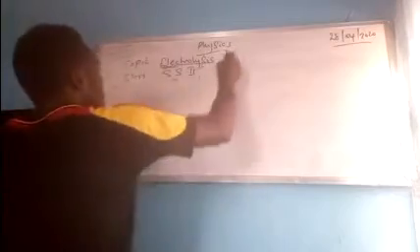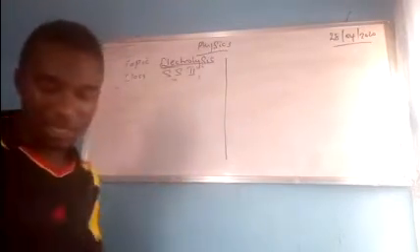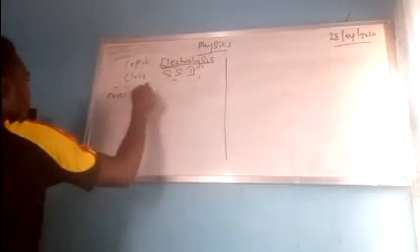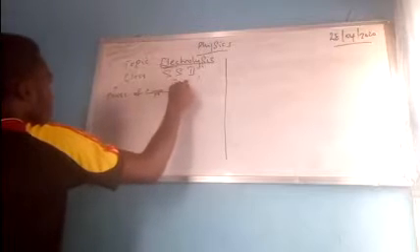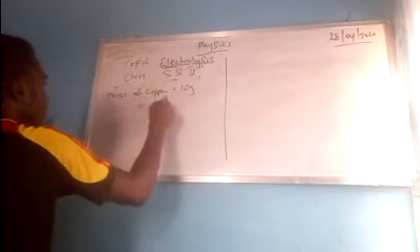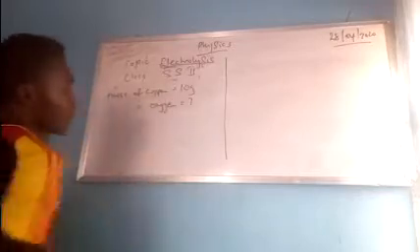Now, collecting my data from the question, I have it that the mass of copper deposited is equal to 10 grams. The mass of oxygen is what we're looking for, so it was not given.